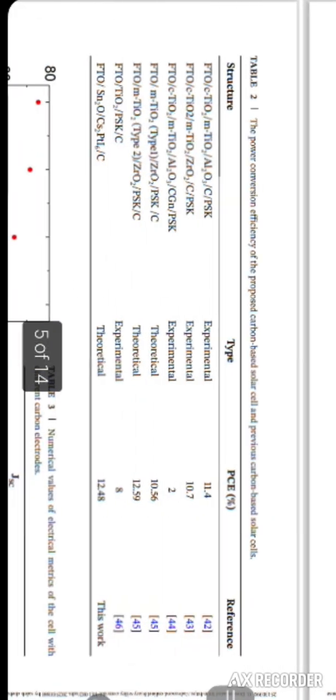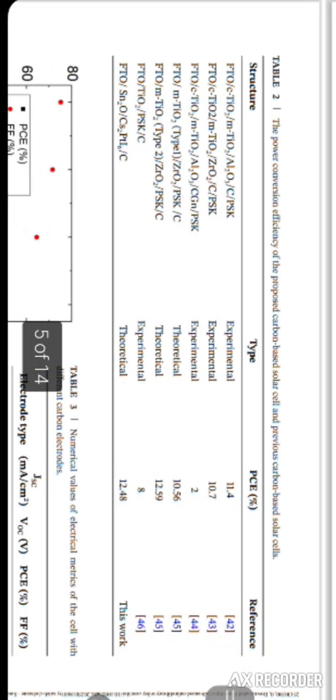About the results, they first validate their initial work with previous experimental and theoretical work for carbon-based perovskite solar cells, and they achieve initially a theoretical efficiency of 12.48, which is comparable with other experimental and theoretical previous work.